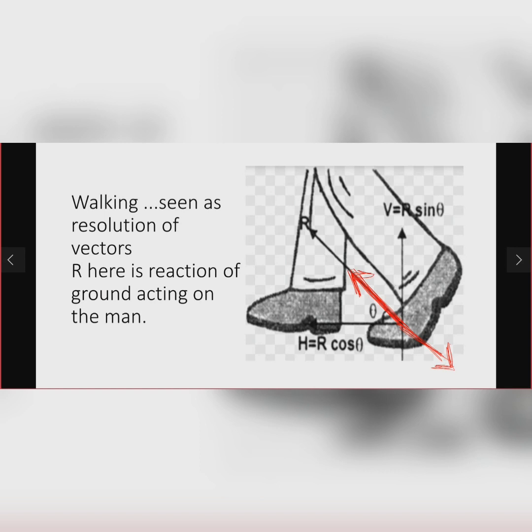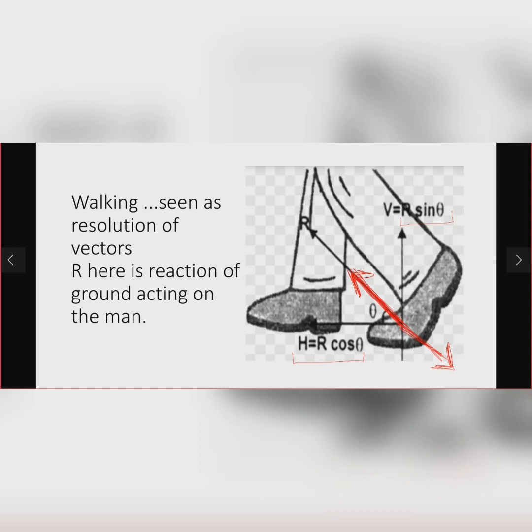Now this force can be resolved along two components. One along the vertical direction, which will be the r sin theta component, and one the horizontal component, which will be the r cos theta component. Now can you tell me which of these components would help us move forward and which one would balance our weight? It's an easy question.